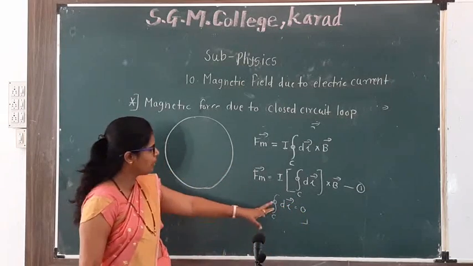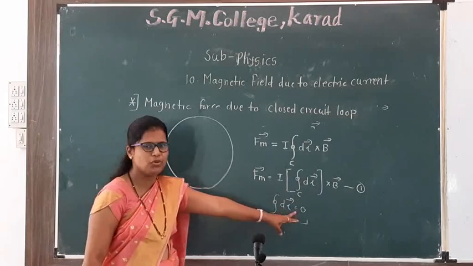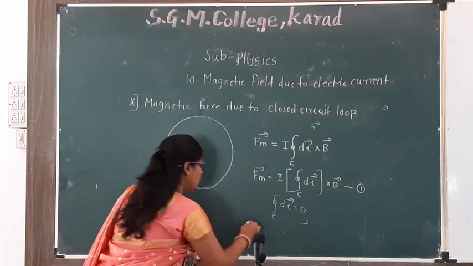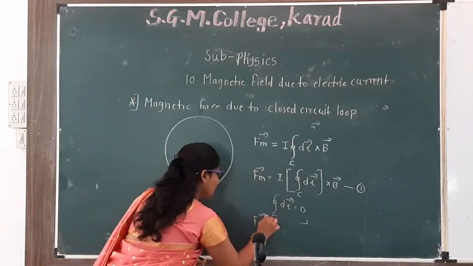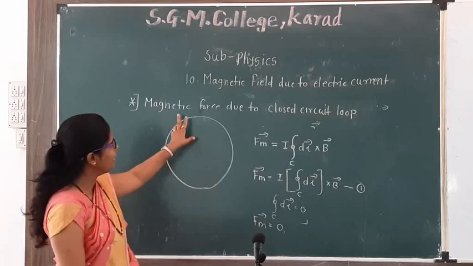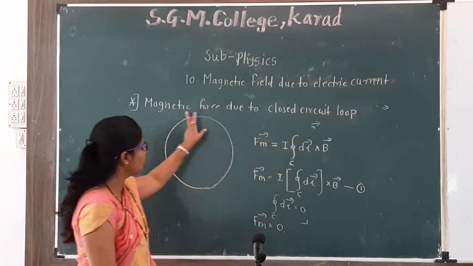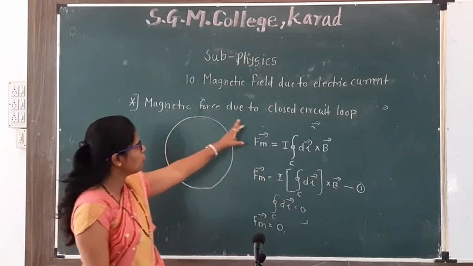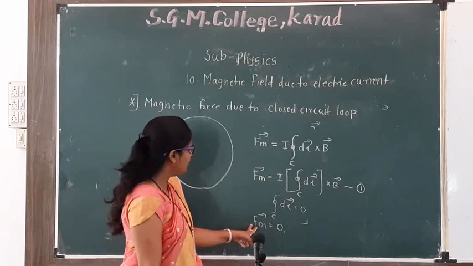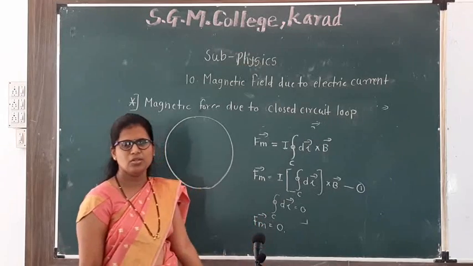That means the vector sum along the closed circuit is 0. So the magnetic force is also 0. Now we have learned the magnetic force due to arbitrary shaped wires, and also due to the closed circuit of wire. The magnetic force due to a closed circuit of wire is 0.